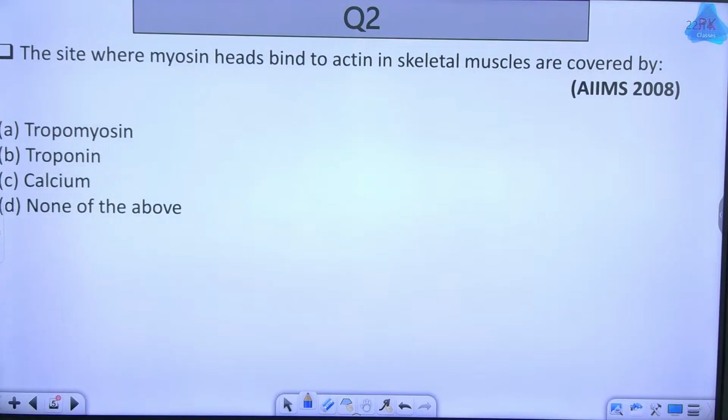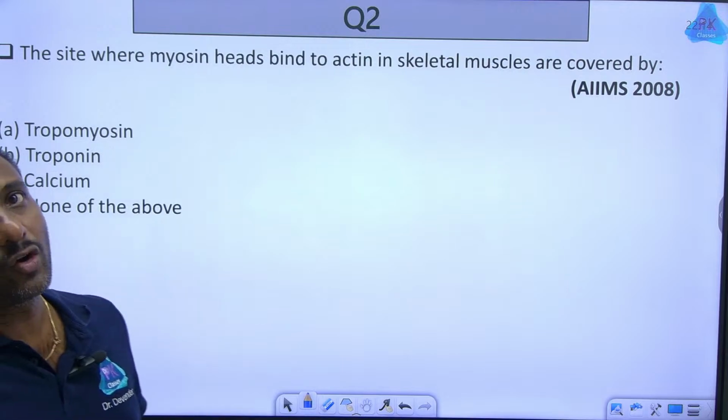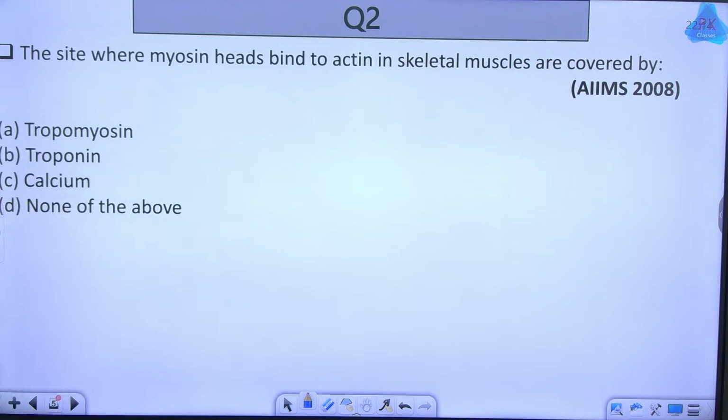Second one, the site where myosin head binds to actin in skeletal muscles is covered by: tropomyosin, troponin, calcium, none of the above. What is the answer here?